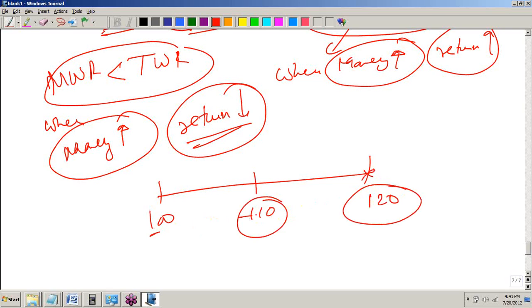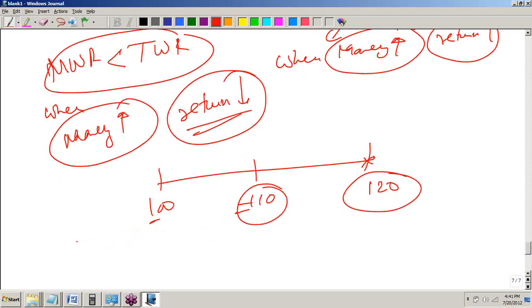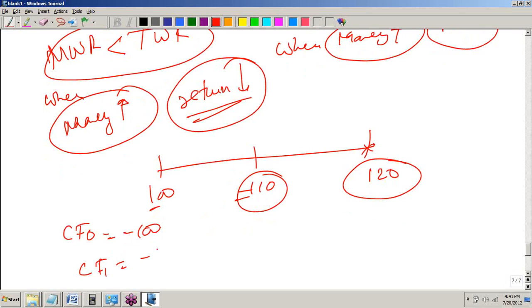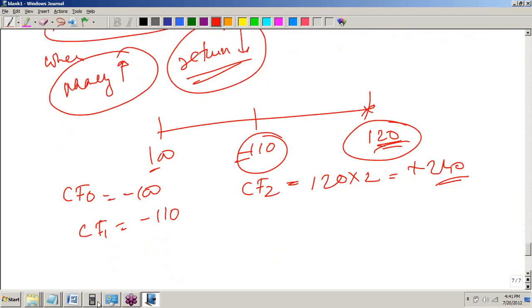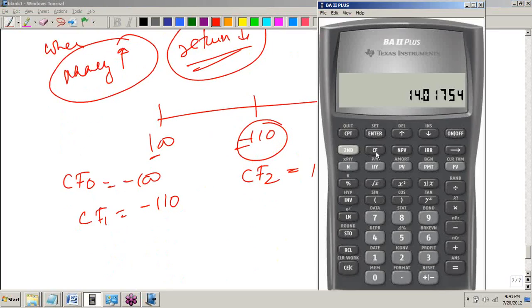So 100, 110, 120. Your CF0 was minus 100, CF1 was minus 110, CF2 was you were selling the two stocks at 120, so plus 240. Let us try to compute the return. So CF minus 100, minus 110, but instead of 260 we'll make it 240.